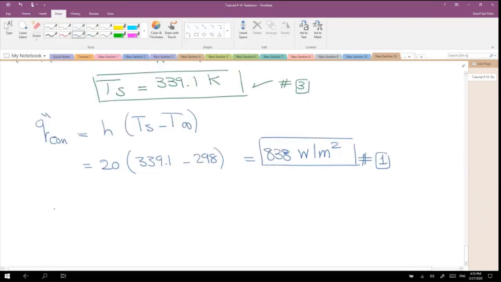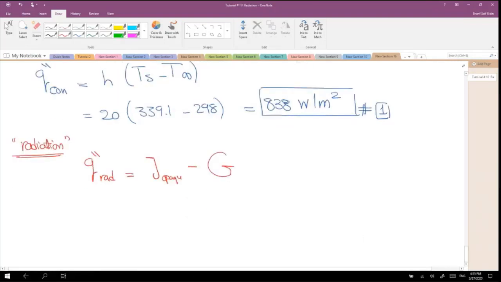For requirement number 2, the radiation. As I told you from the definition, Q radiation is equal to J of the opaque surface minus G. I am not going to do the derivation again; I don't have that much time.